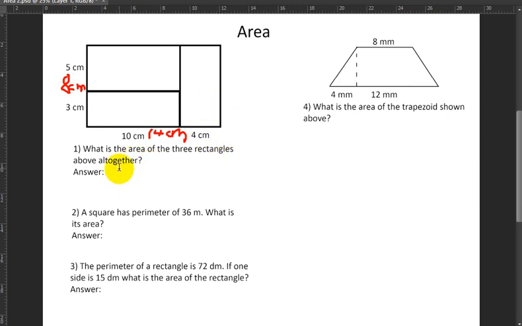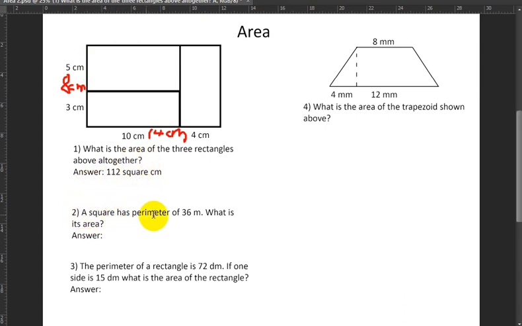And 8 times 14 would give us 112 what? Wait, 112? Yeah. 112 what? 112 square centimeters. Because remember, we said that when multiplying centimeters with centimeters, we're going to get square centimeters.